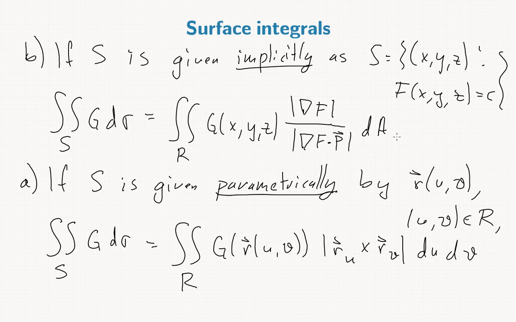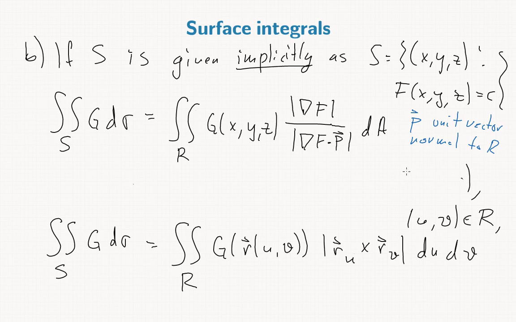So here, p is a unit vector normal to a region R. And we require that the gradient of f dot p is not equal to 0 for points in S.